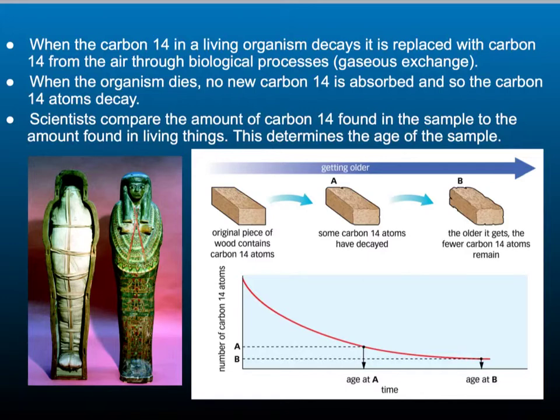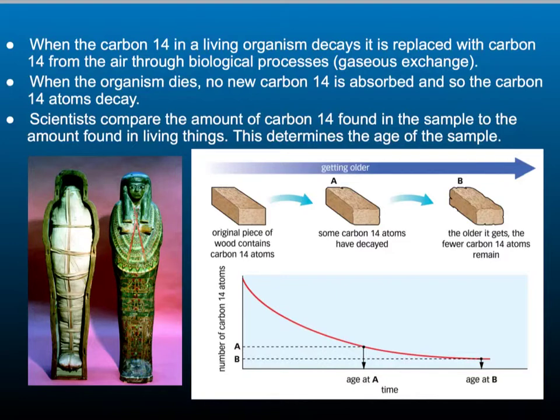You can see from the graph that the number of carbon-14 atoms decays as time goes along. So if you compare the number of carbon-14 atoms at point A to what you would expect that material to have when it was living, then you can find out the time it has been since that organism died.